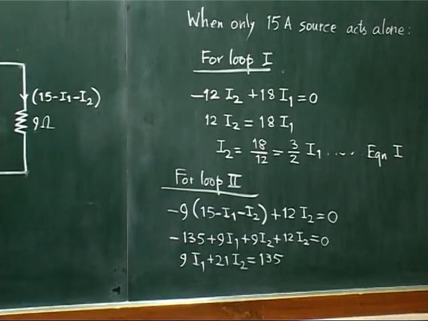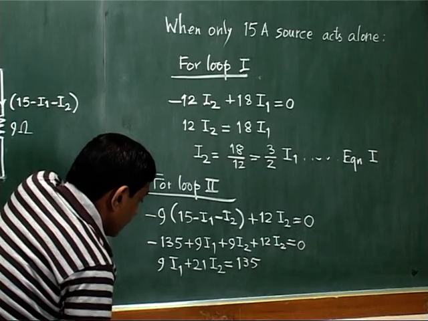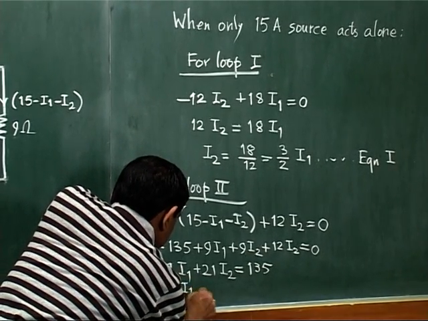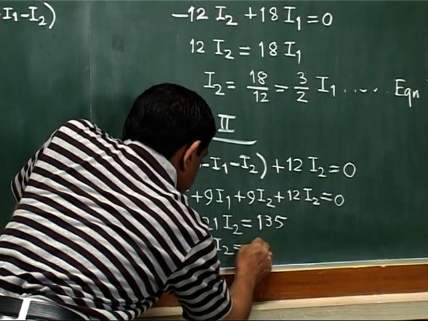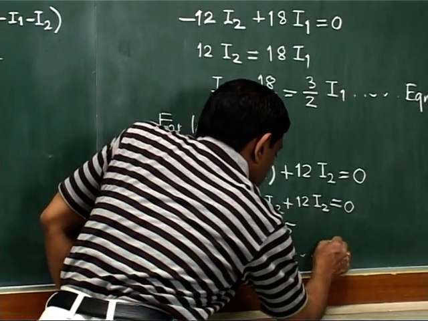Okay. And now further we can simplify it. We can divide it by 3. So 3 I1 plus 7 I2 must be equal to 45. So this will be our equation 2.